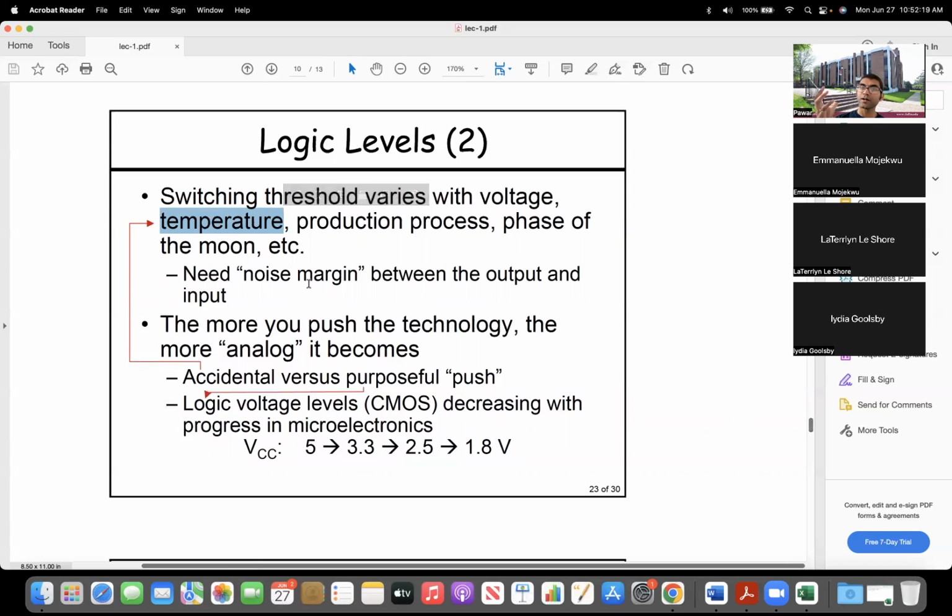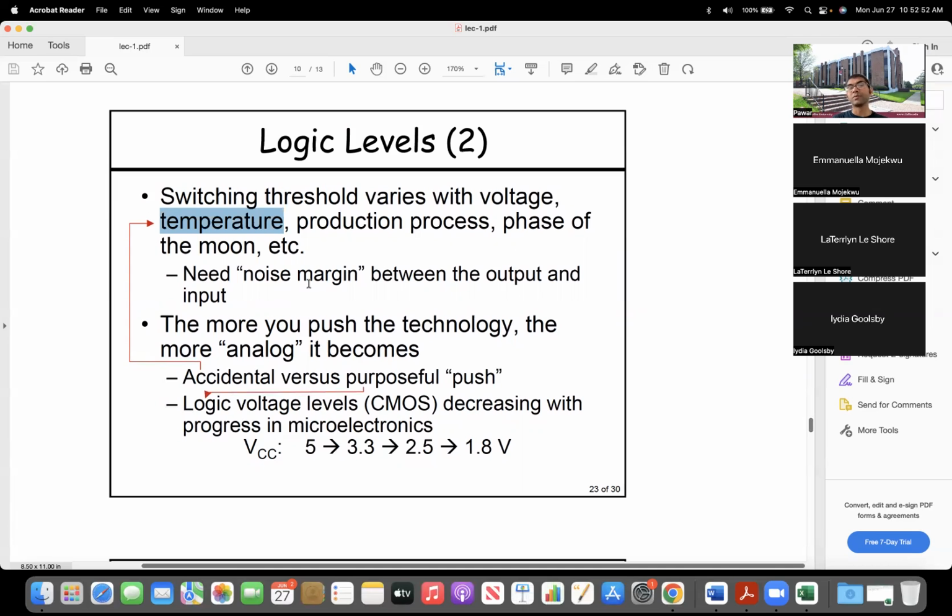If you have a circuit which is present in a hot environment, and a circuit which is present in a cold temperature, with the same gates, the same gates I'm applying for both these circuits, they will act differently in different environments.